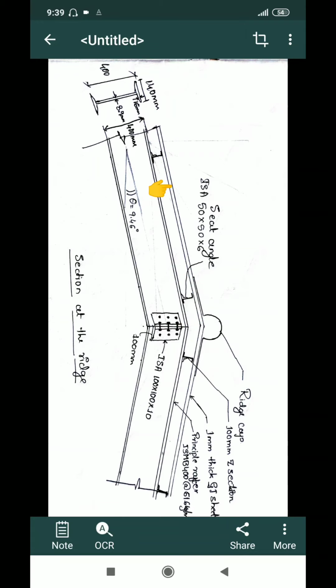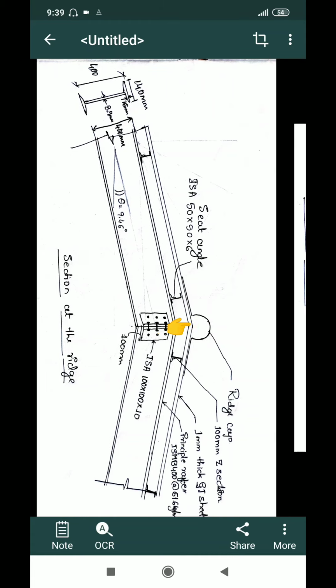Then I will connect this sheet with the purlin, and the purlin is connected to the principal rafter. The seat angle will help me hold the purlin in its position without any deflection. Then this is the section at the ridge level, and we also provide a ridge cap so that there won't be any water intrusion into the building.